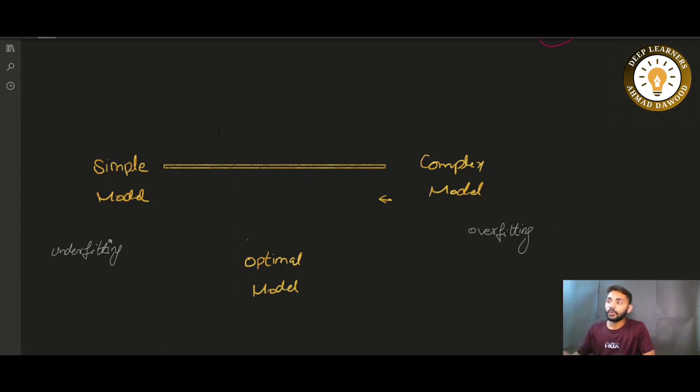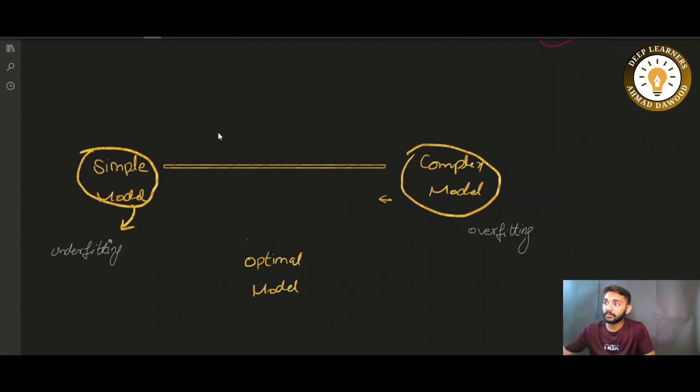In the next session we will discuss how we can avoid overfitting. Sometimes when you use a simple model you will have an underfitting problem. When you use a complex model you will fall into the problem of overfitting.